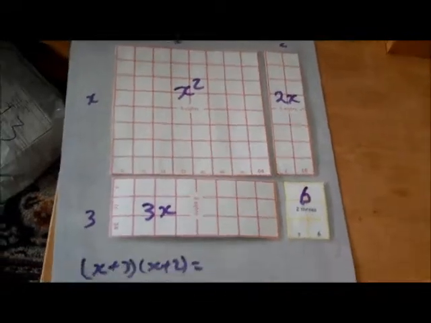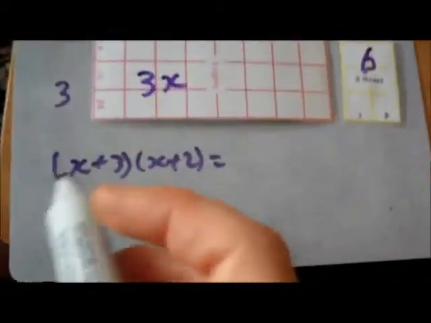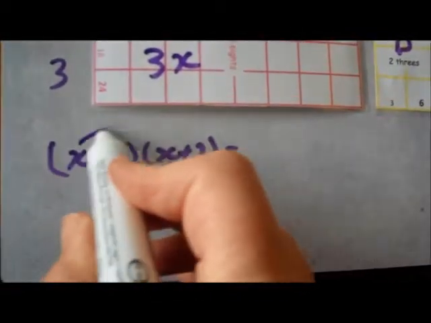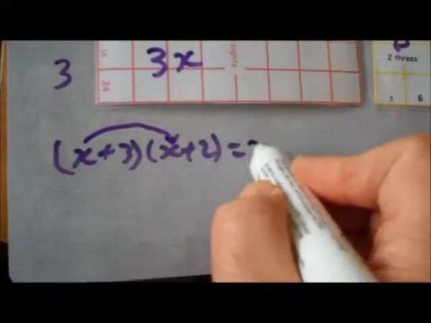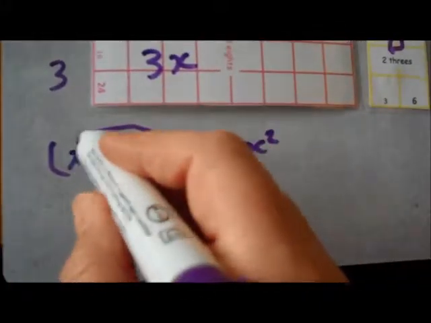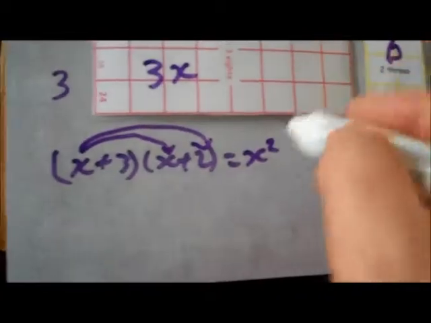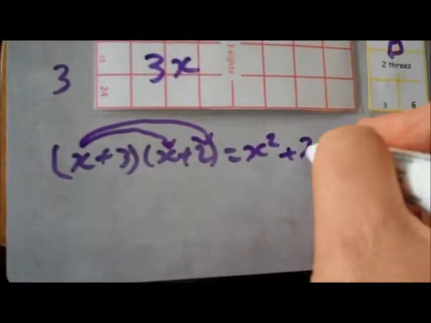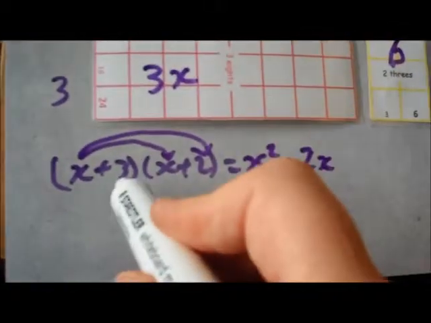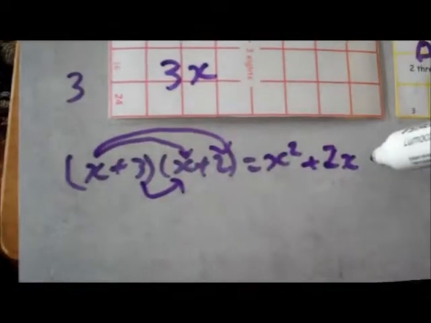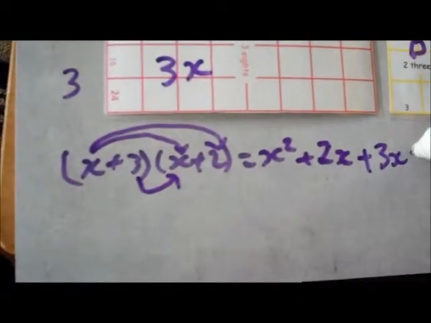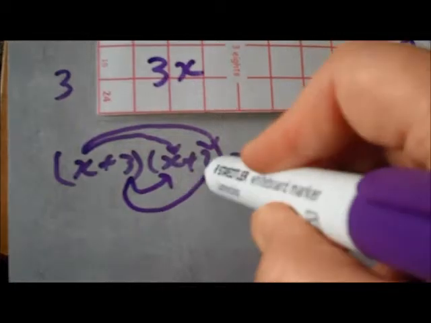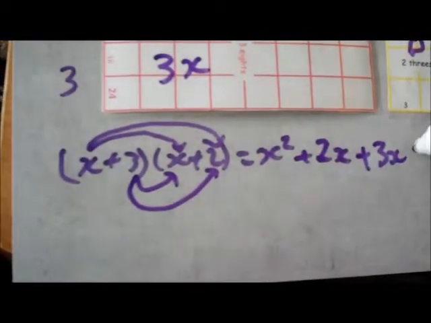So when I expand that out, what I actually get is x times x is x squared. X times 2 is 2x. 3 times x is 3x. And 3 times 2 is 6.